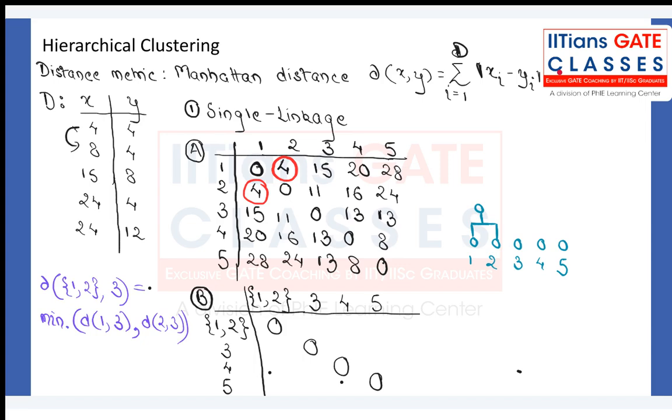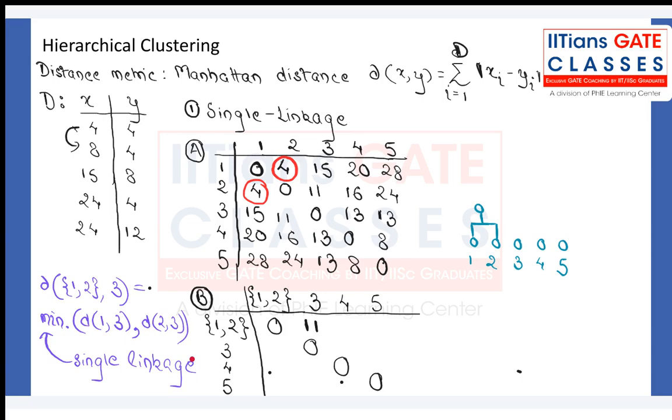You will take 11. Please keep this in mind; this is the only difference between single linkage and the others. Clear?